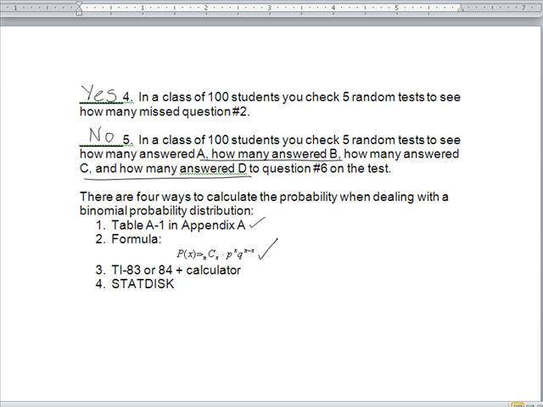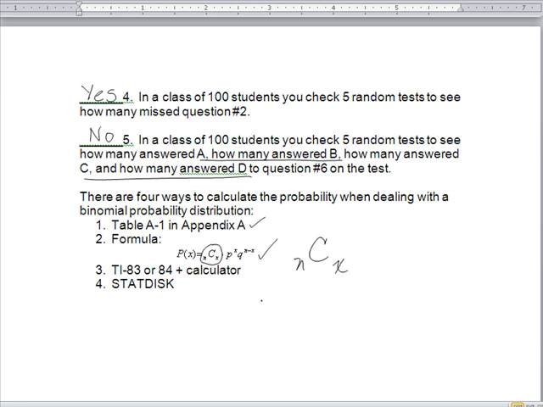I just go ahead and use the combination, since I figure most students are going to be using a calculator. It's combinations of n objects taken x at a time, probability of success raised to the x power, probability of failure raised to the n minus x power.